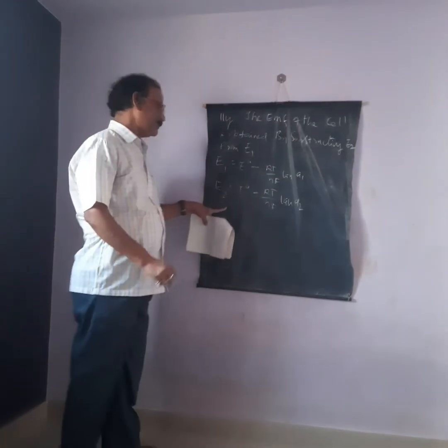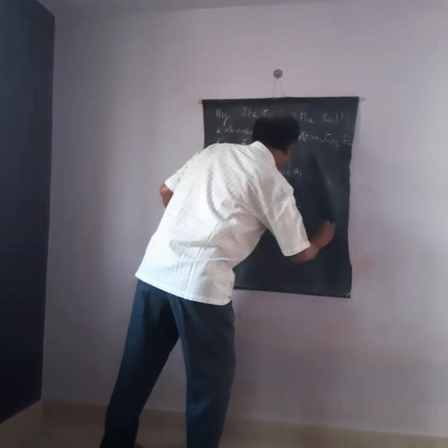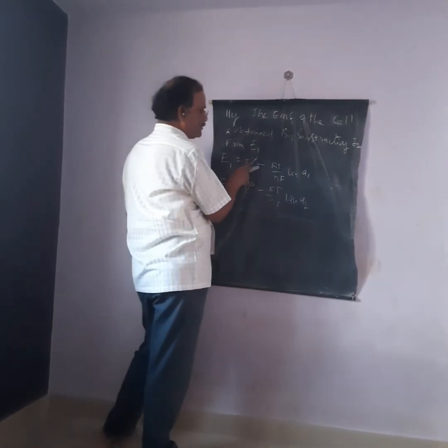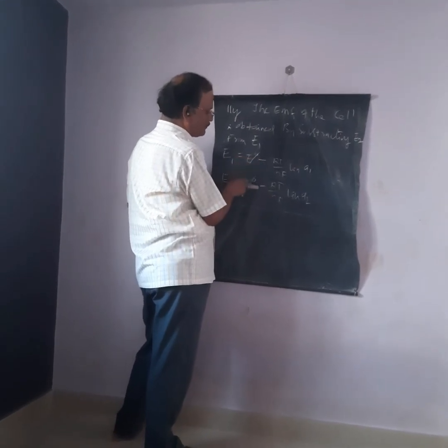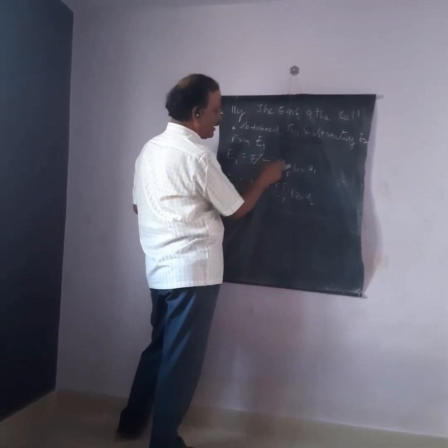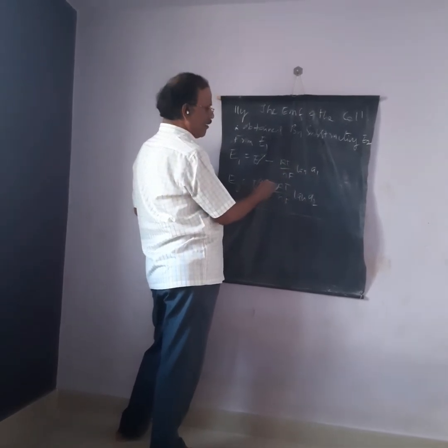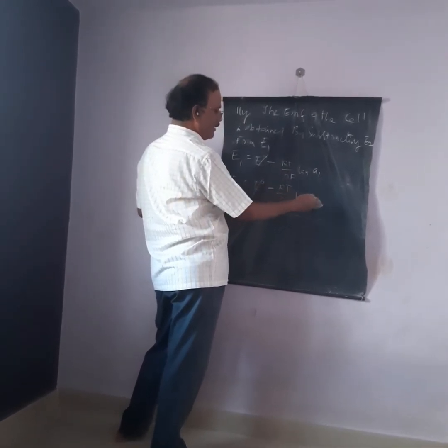This is the equation. So after subtracting E1 from E2, the E0 becomes 0. The minus becomes plus: minus RT by nF into ln A1, minus of minus plus RT by nF into ln A2 by A1.